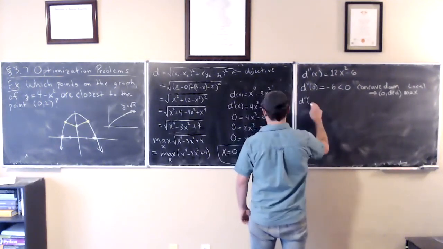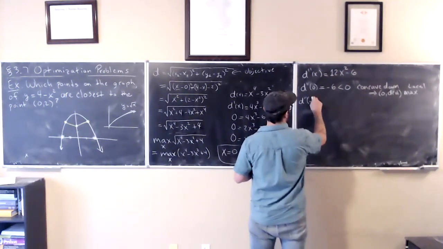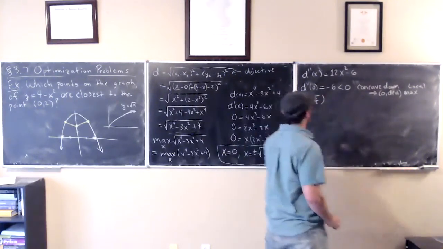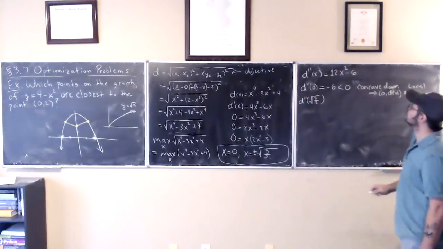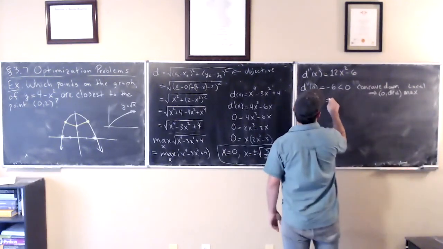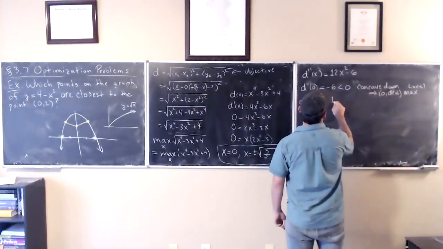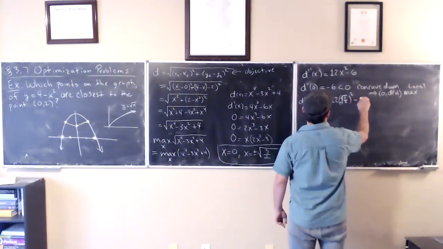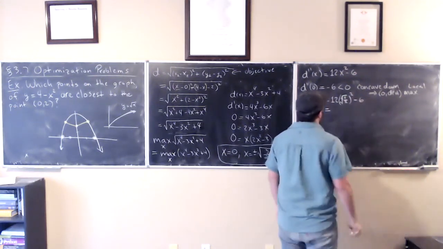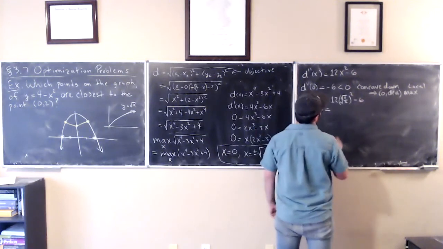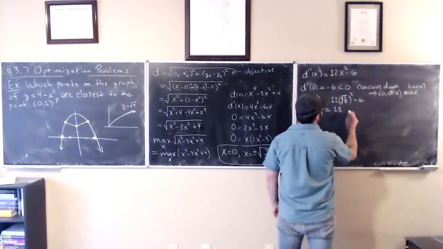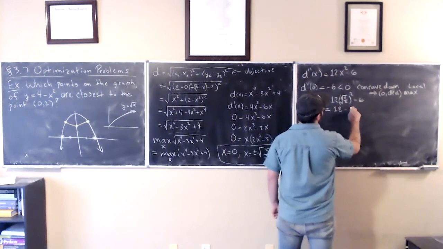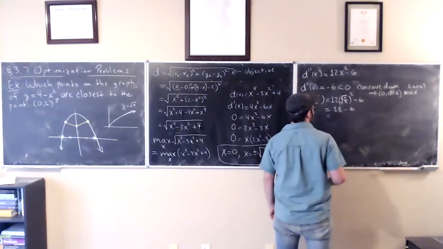d double prime of positive root 3/2 is going to be, what is this, 12 times root 3/2 all squared minus 6. So what is that? 18 minus 6. Okay.